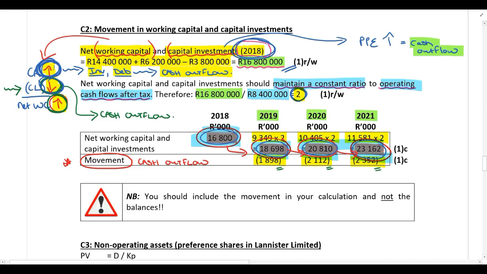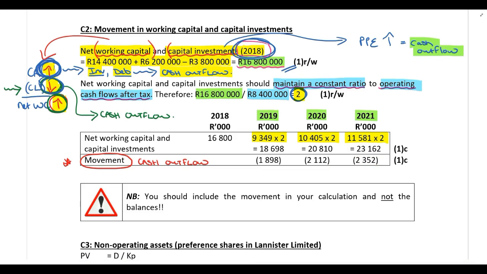So, there's my explanation behind the rule. The rule that I gave you was, if this balance is increasing, you have a cash outflow. Here's the logic behind the rule. If PPE increases, that is a cash outflow. If net working capital increases, that means current assets are increasing, meaning inventory and debtors are increasing, which is a cash outflow.